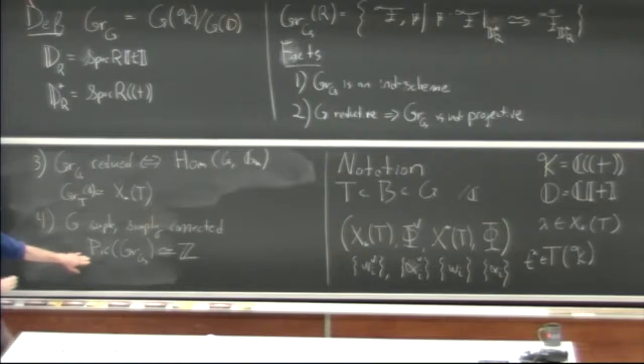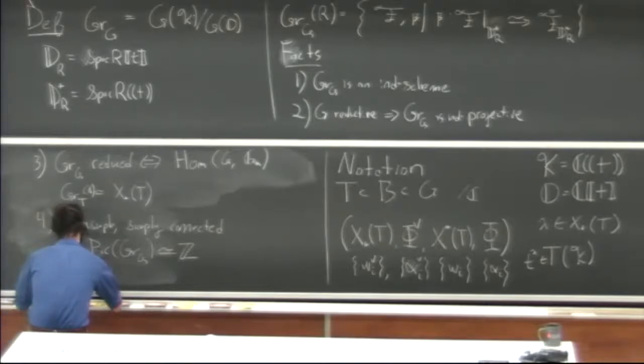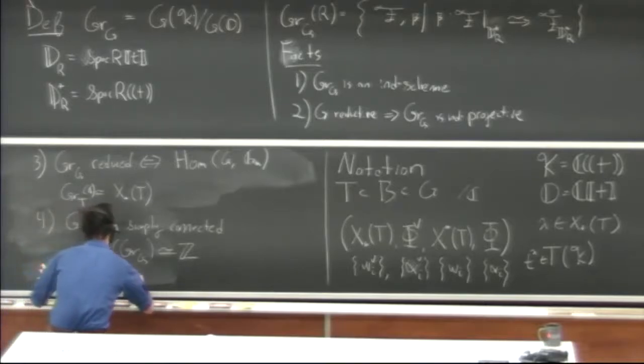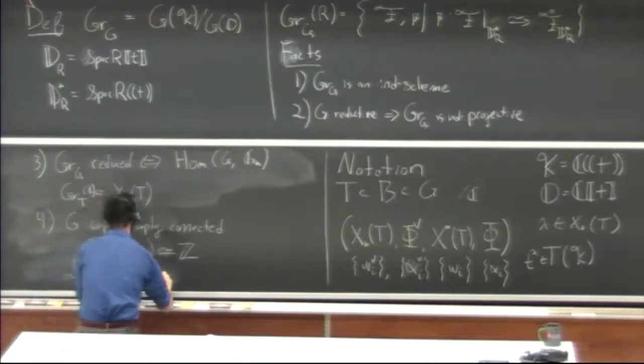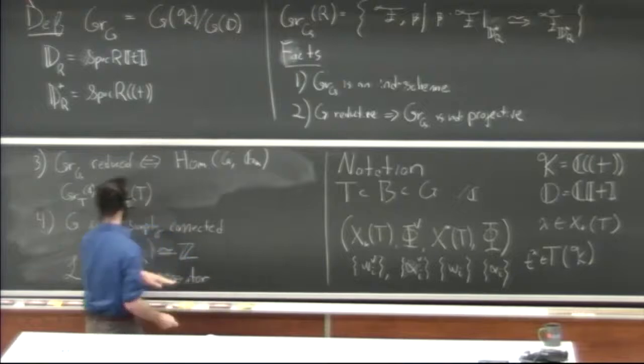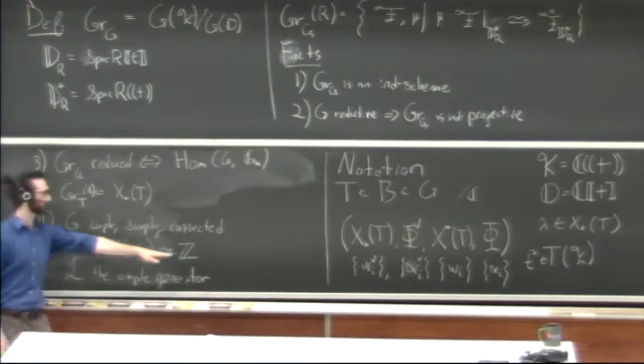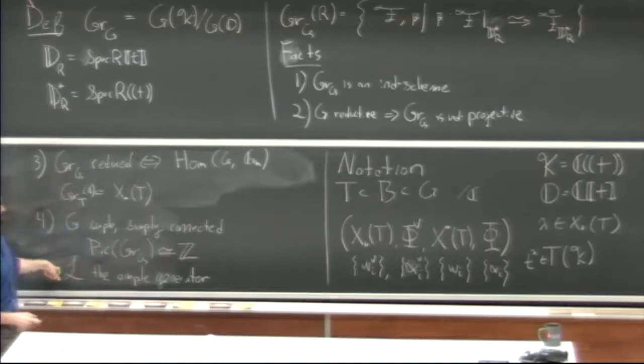And what I can do is pick an ample generator. I'll denote it L, the ample generator. All these things are in projective space. I'm going to have some ample generator, which I'll write as L.